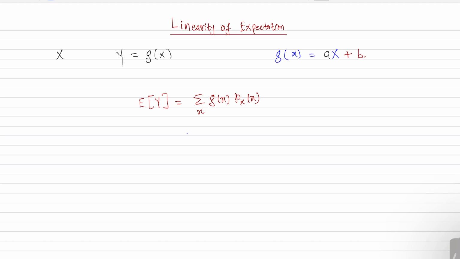We can put g(x) as ax plus b, times this probability. We can separate the summation: summation of ax times this probability plus summation over x of b times the probabilities.